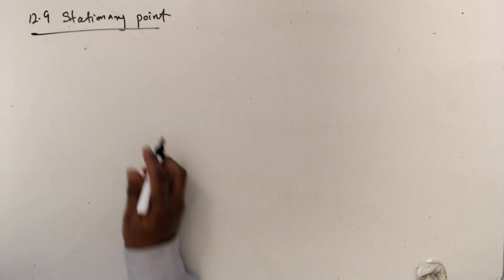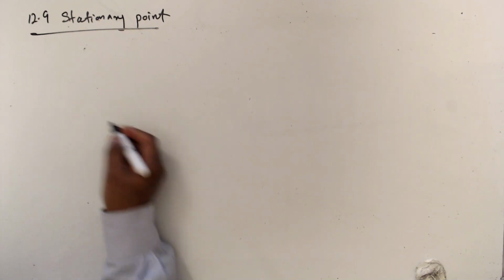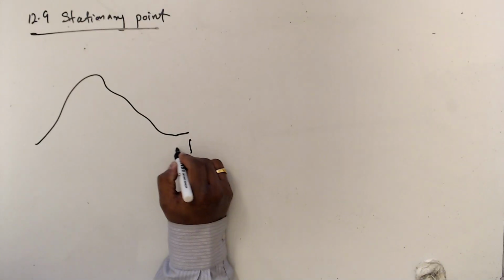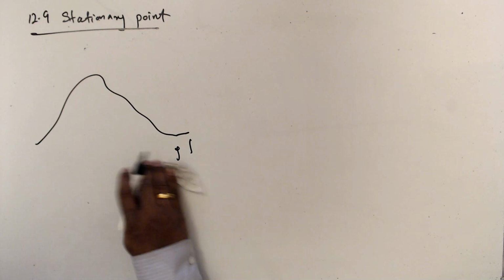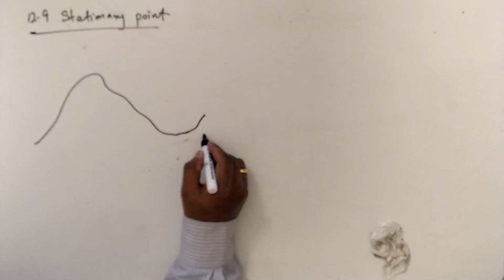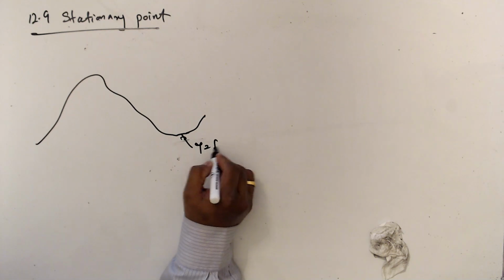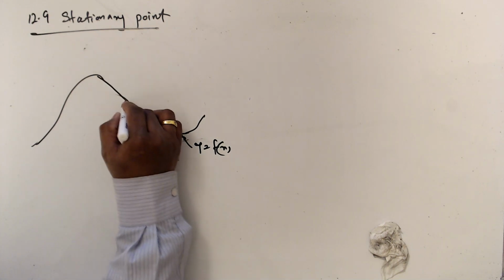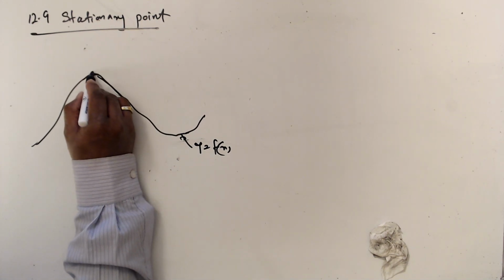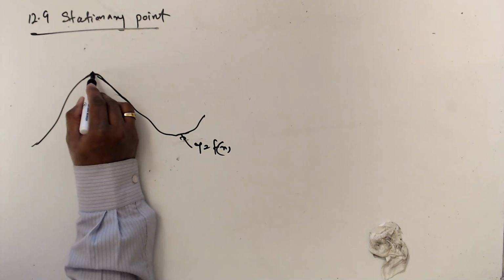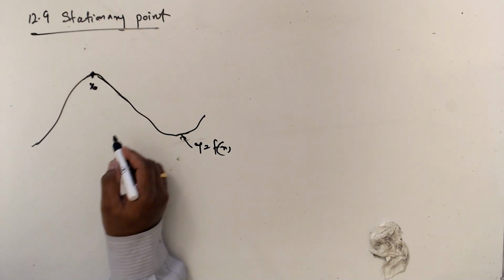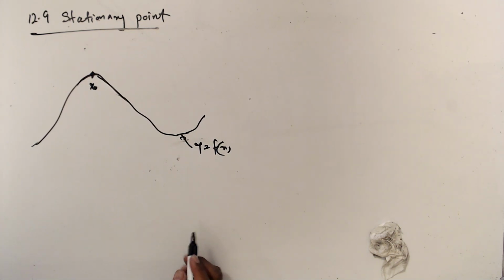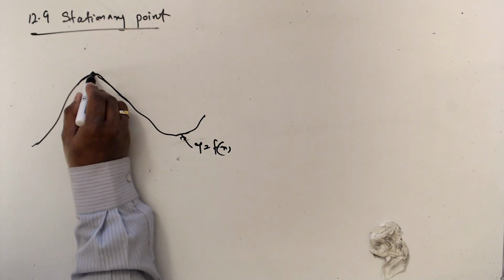How do you determine now a local maximum? Assume this is the y equals f(x) graph. Now let's take this point x naught. Now you know that x naught is a stationary point.